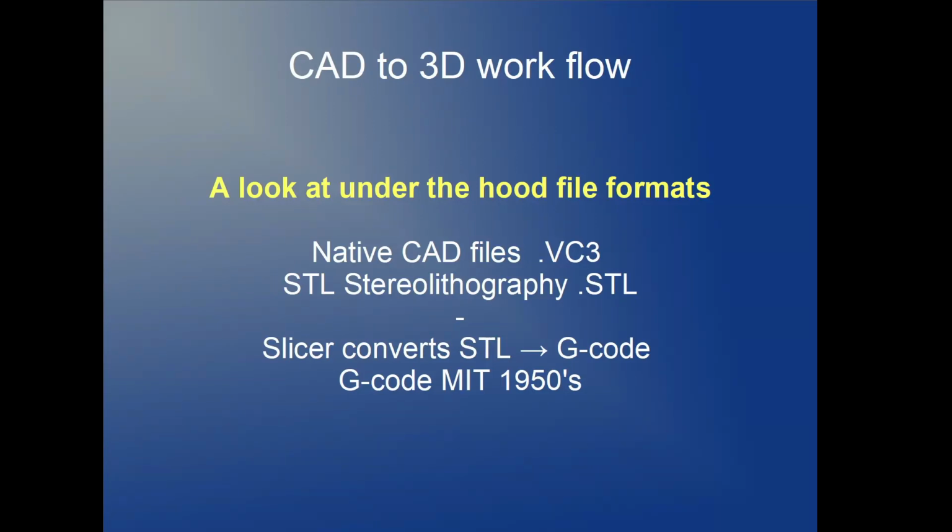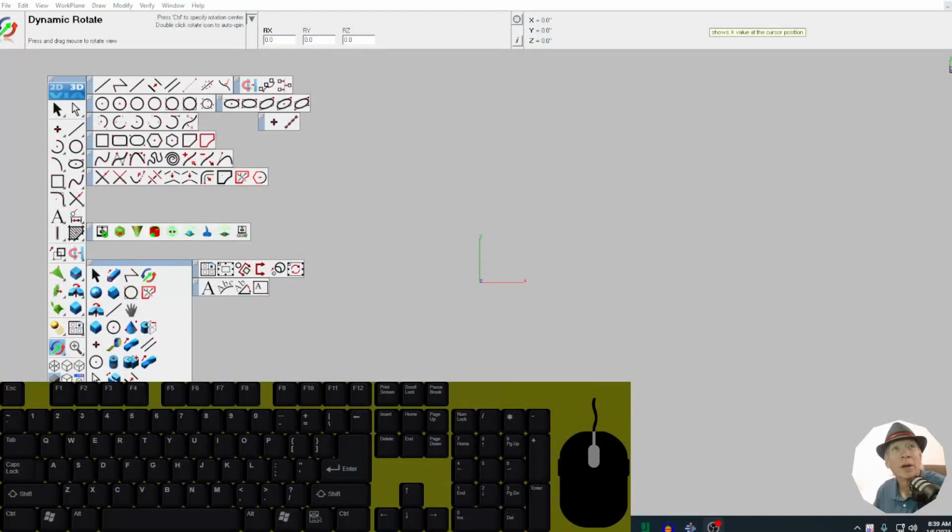So let's open up ViaCad here, and I'm going to show you a keyboard on the screen so you can see as I type, and we're going to create a cube. So our first cube will be 3 inches by 4 inches by 5 inches.